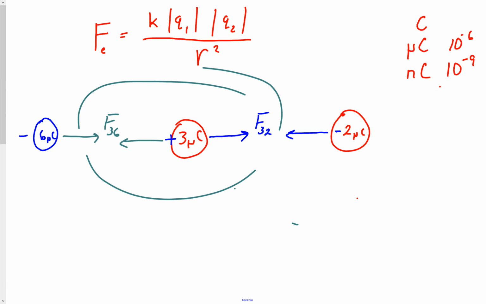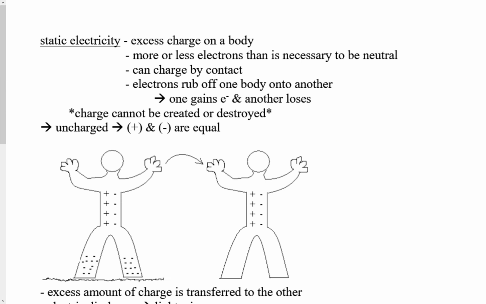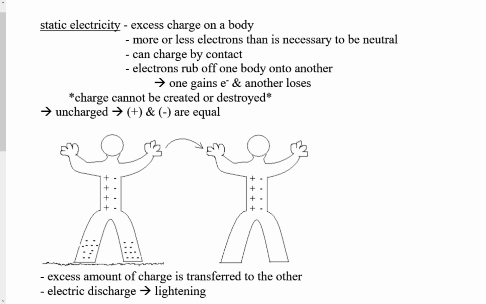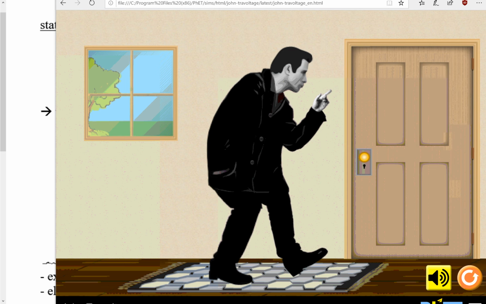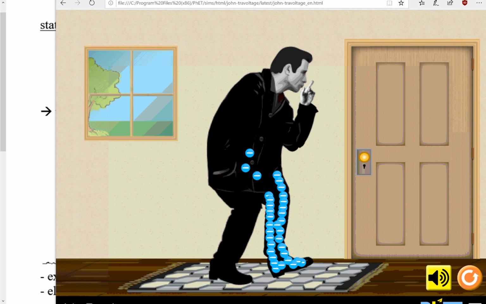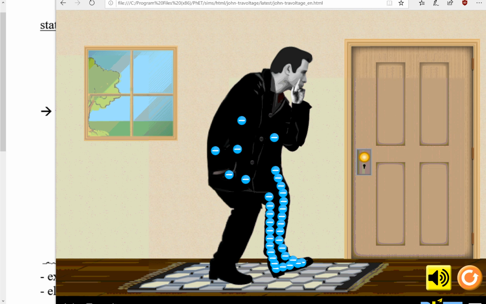So where do we get this concept of static electricity from? Well, static electricity is this ability to basically acquire electrons. There's a little PhET simulation from the University of Colorado that I love. It's called John Travolta, or John Travoltage. If you notice, as you rub John Travolta's foot against the carpet, you see this excess charge building up on John Travolta.